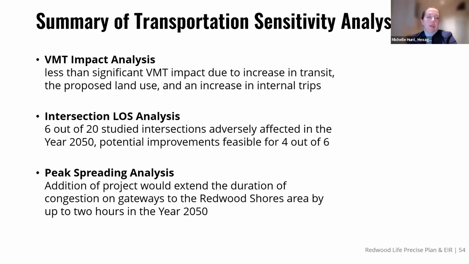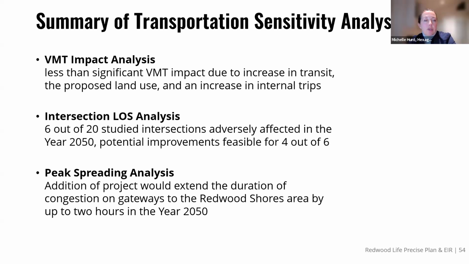So in summary, for the vehicle miles traveled, we concluded that the project would have a less than significant impact due to the increase in transit use, the change in the land use from what would be permitted under the Westport specific plan, and also the increase in internal trips due to the inclusion of retail and hotel uses.